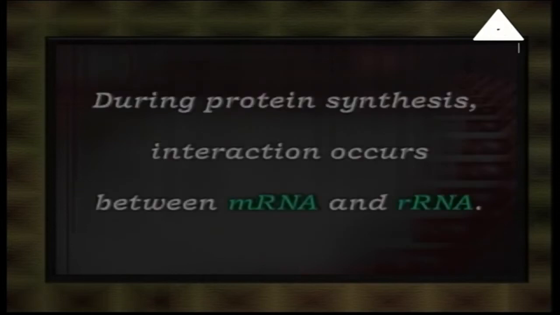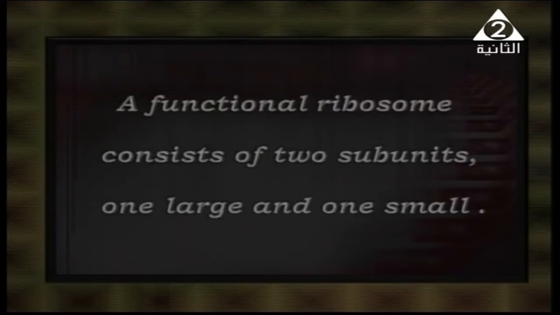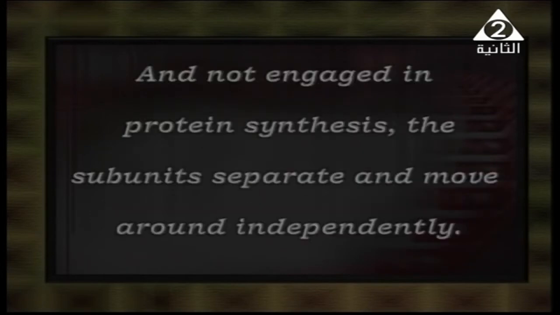During protein synthesis, interaction occurs between messenger RNA and ribosomal RNA. The functional ribosome consists of two subunits, one large and one small. When not engaged in protein synthesis, the subunits separate and move around independently.